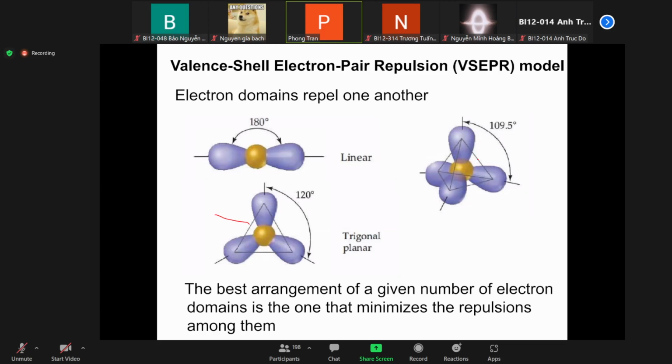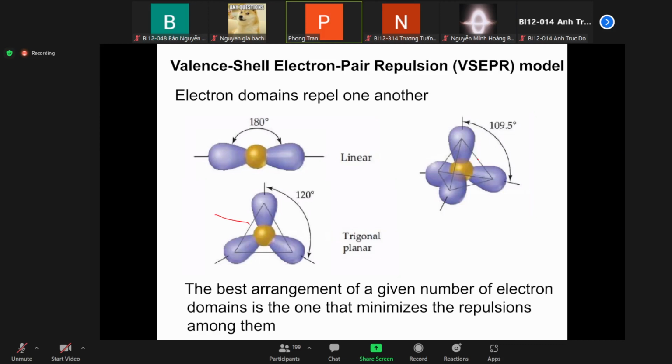Okay, so you can imagine that you have 4 electrons in the valence shell. That means you can have a maximum of 4 single atomic orbitals, with each orbital having 1 single electron.